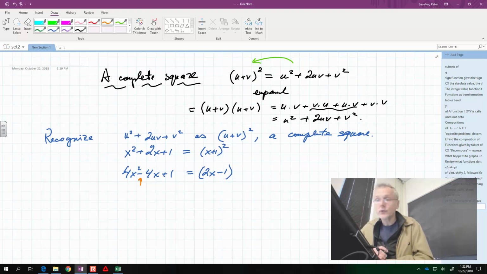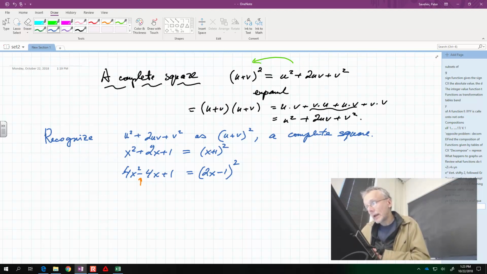If you're not sure, once again, come up with a conjecture, and then you just multiply out, and you will see whether you're right or not. The backwards direction is hard. The direct direction is okay. So you just multiply out. Okay, and so on. These are once again complete squares.